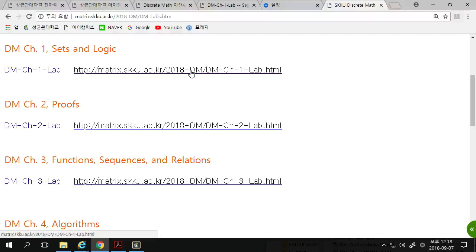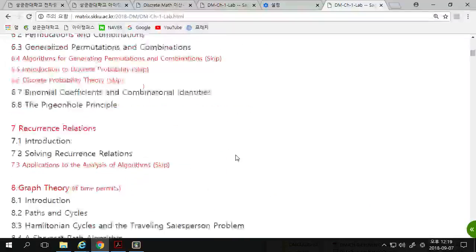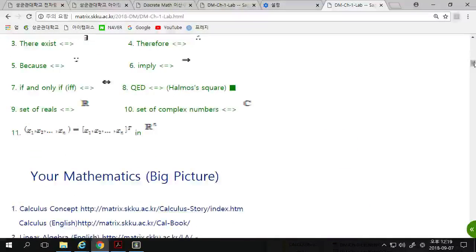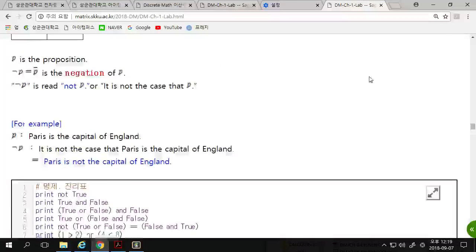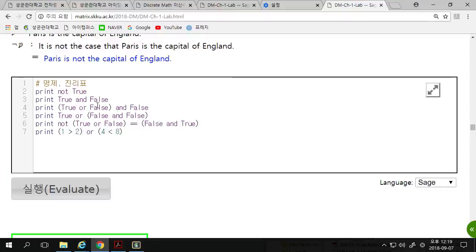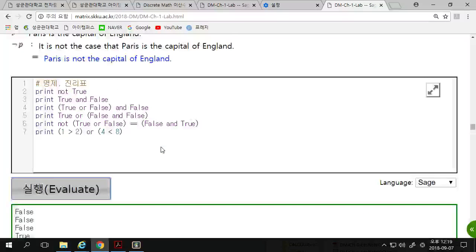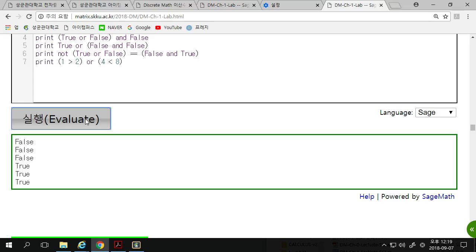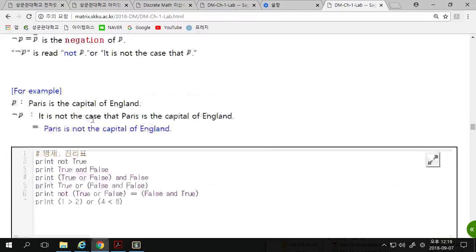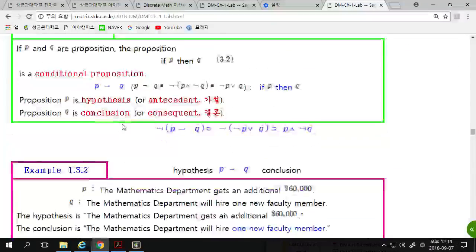For example, today we're going to review some part of chapter 1, sets and logic. It has not only the lecture notes but also other information, and it has Python-based code that you can change, and it works easily by just clicking this evaluate tool to find your truth tables.